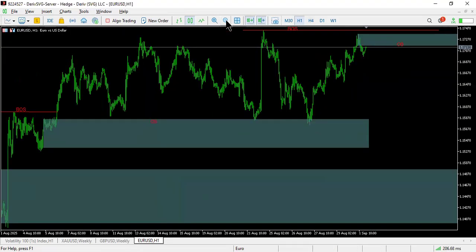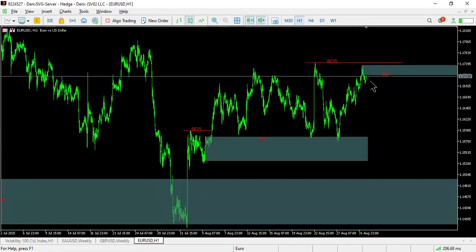So that is what we can expect on Euro USD. Right now, there's no entry for us. We are waiting for price to break that high and then come back and mitigate our order block.